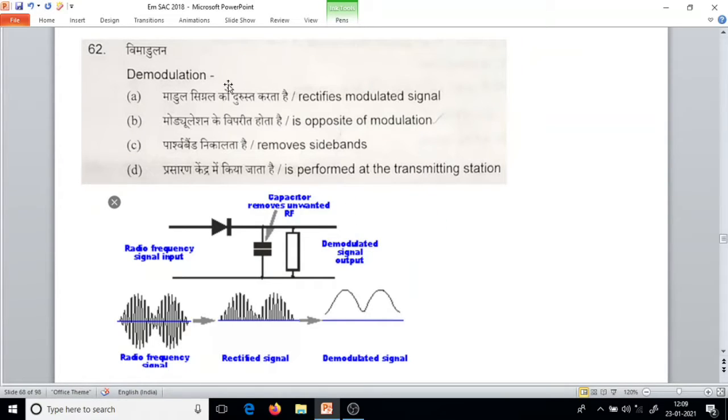Next question, demodulation. What is demodulation? When you transmit the AM signal, we will have a signal like this. Then we have the carrier wave.